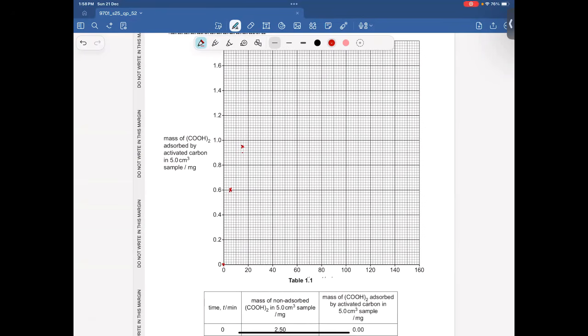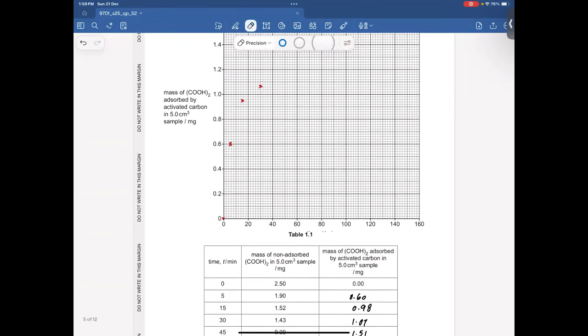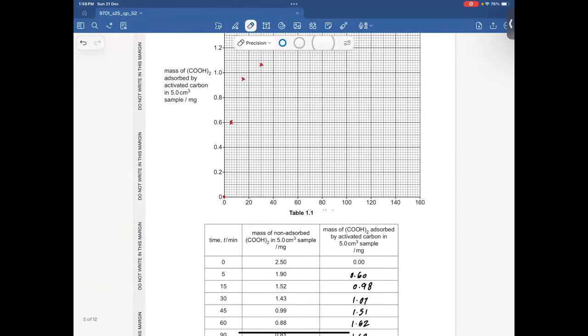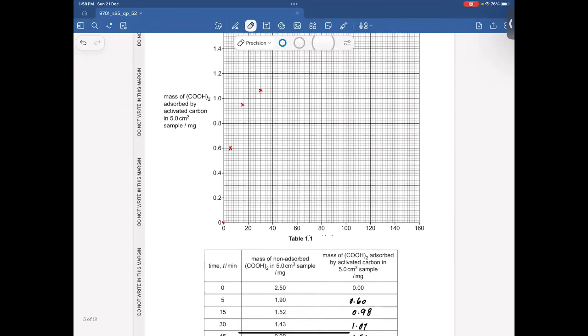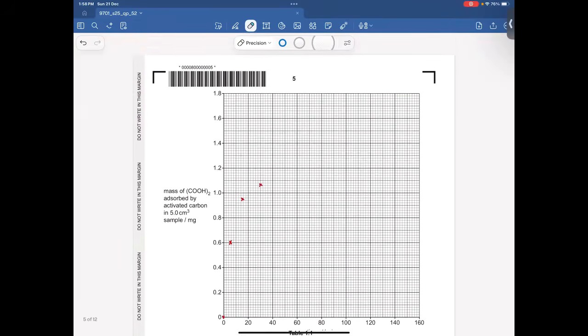This is 30, 1.07, somewhere here. Then 45, 1.51.